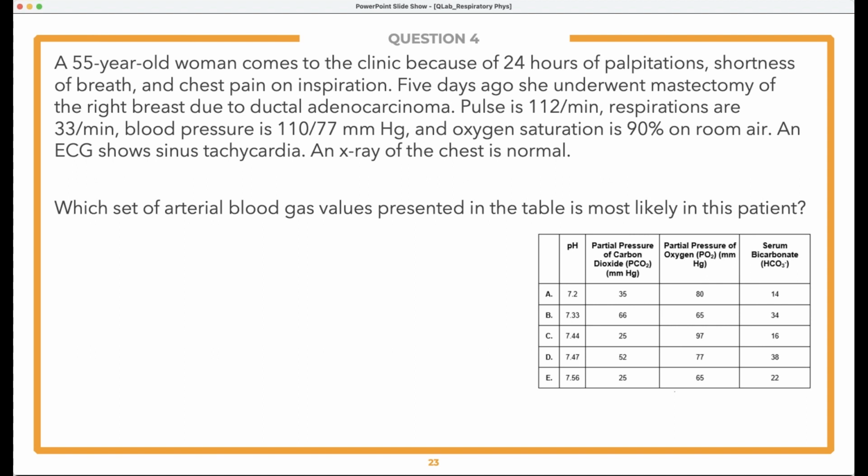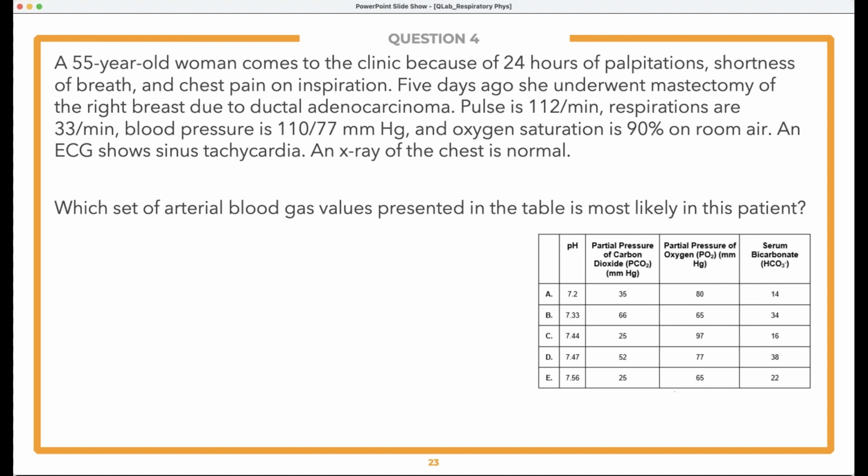A 55-year-old woman comes to the clinic because of 24 hours of palpitations, shortness of breath, and chest pain on inspiration. Five days ago, she underwent mastectomy of the right breast due to ductal adenocarcinoma. Pulse is 112, respirations are 33, blood pressure is 110/77, and oxygen saturation is 90% on room air.